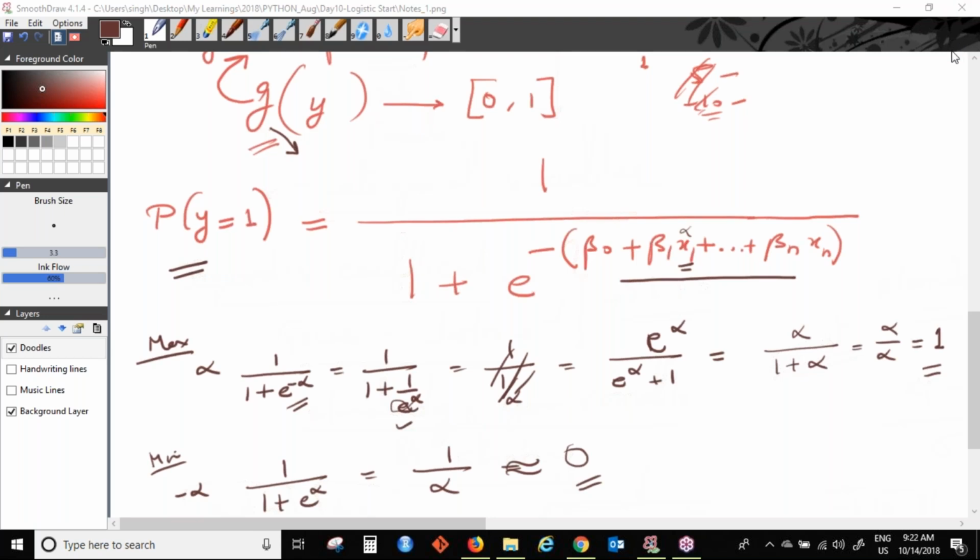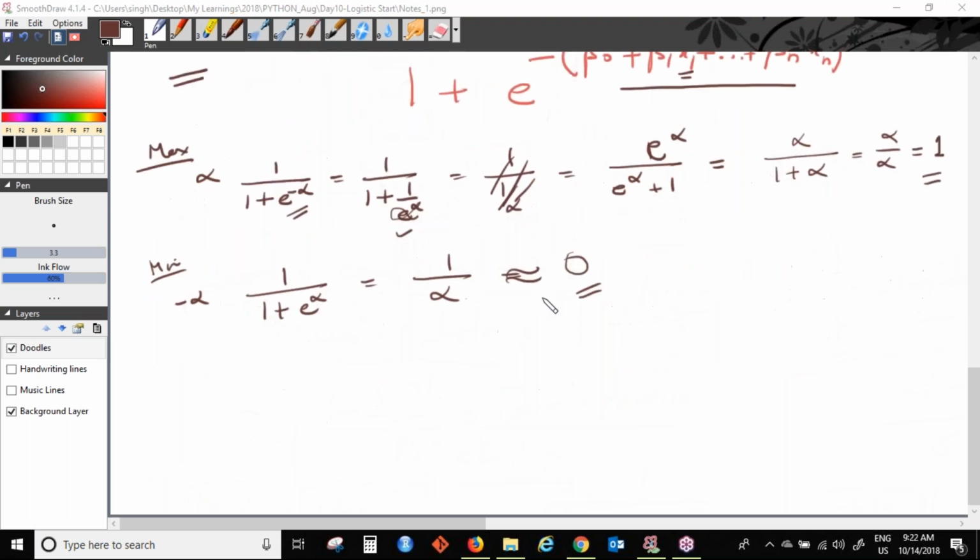Okay, so this is about the logistic response function. If I draw a plot of this function, it looks like this.